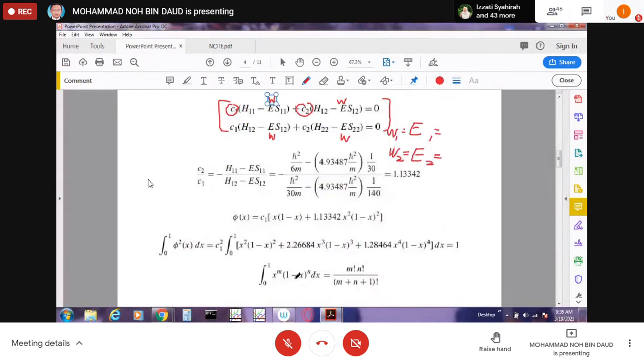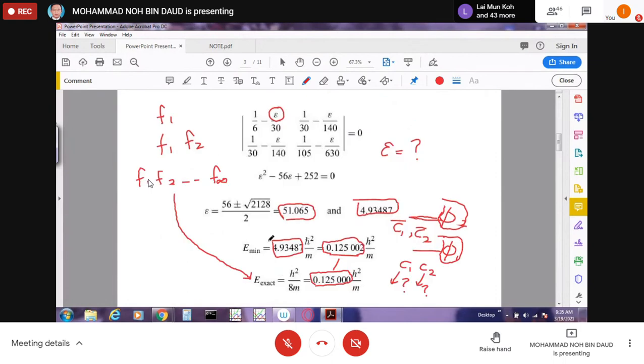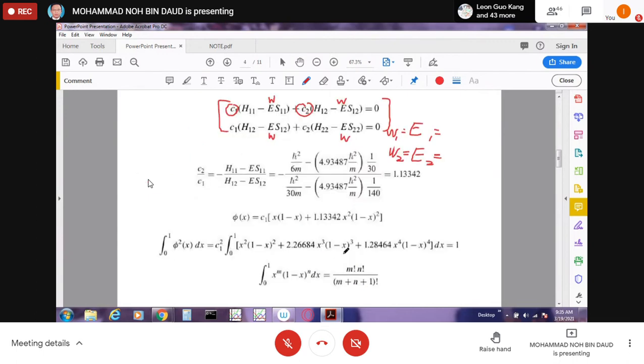So now, this W1 or E1 here, we have 0.125002 each square m.